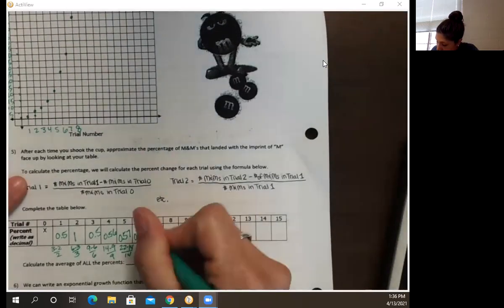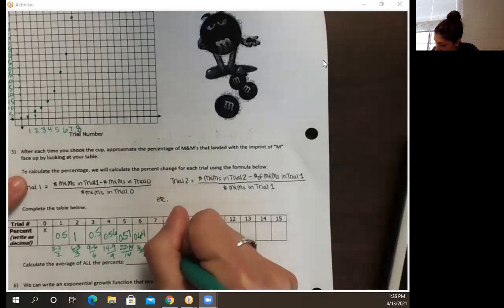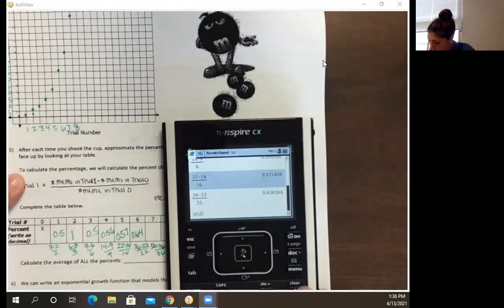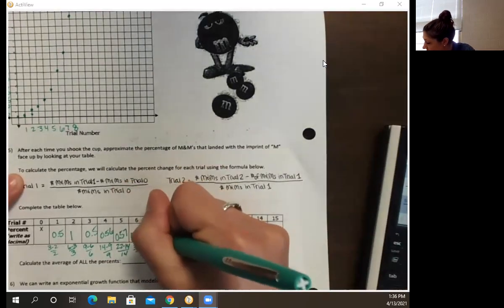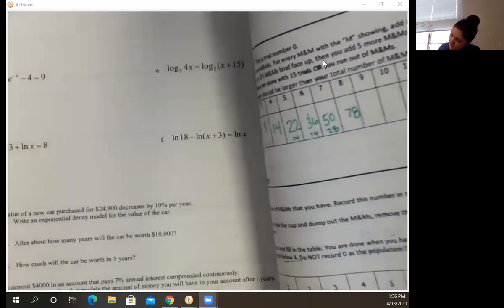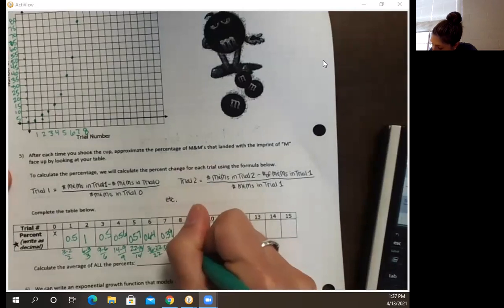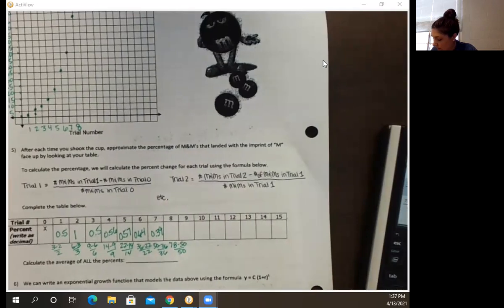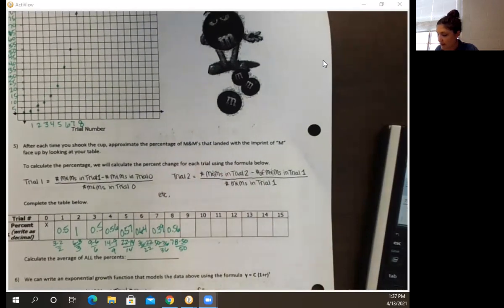And we would have 50 minus 36 divided by 36, and we get 0.38 repeating, so 0.39. And then finally, 78 minus 50 divided by 50. And we get 0.56 there.